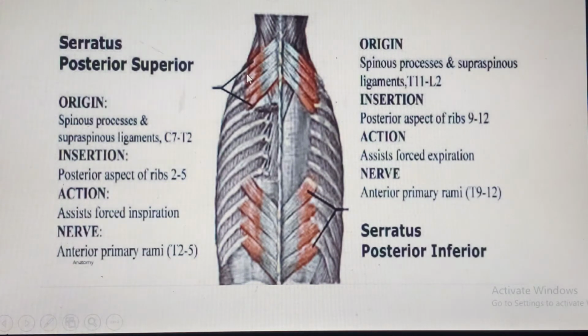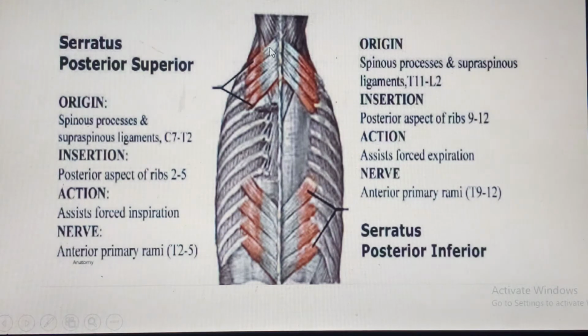If you talk about serratus posterior superior, that one will come from the spinous processes, as well as the supraspinous ligaments, of C7 to T2. So from the spinous process of C7, as well as the associated supraspinous ligaments, all the way to T2 thoracic vertebral level.